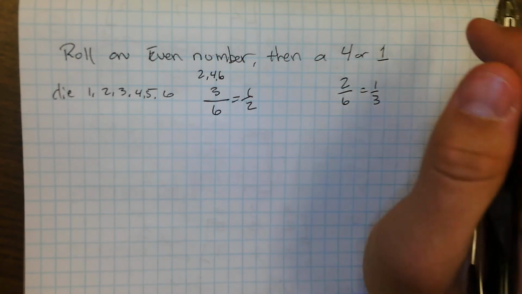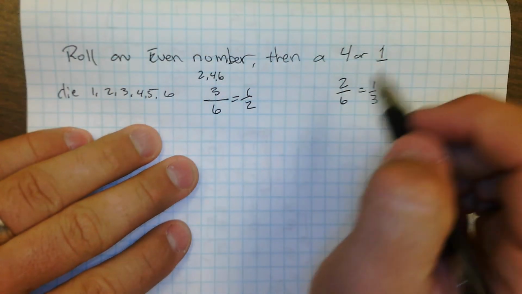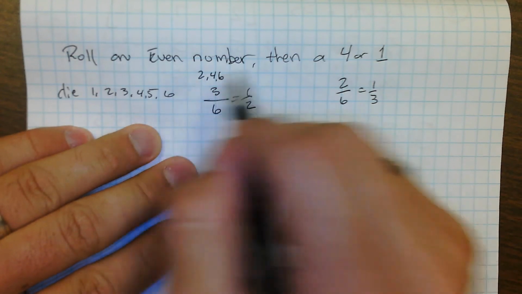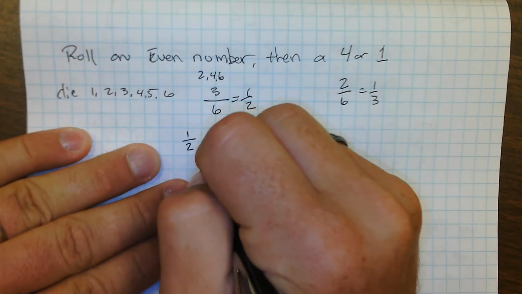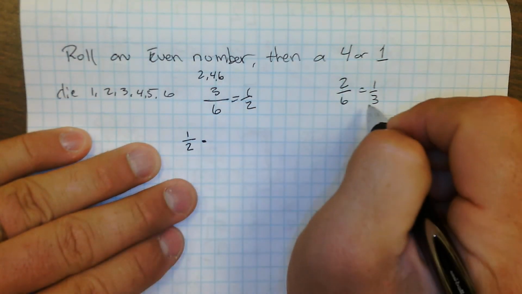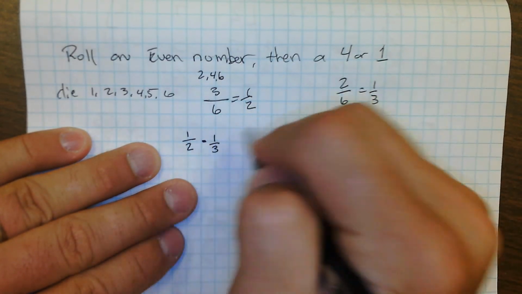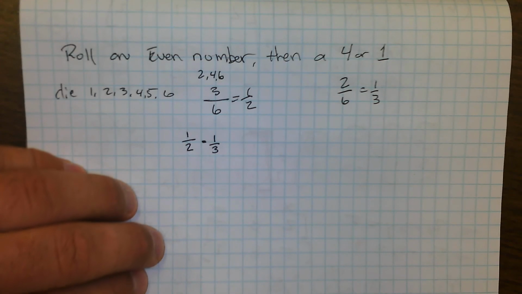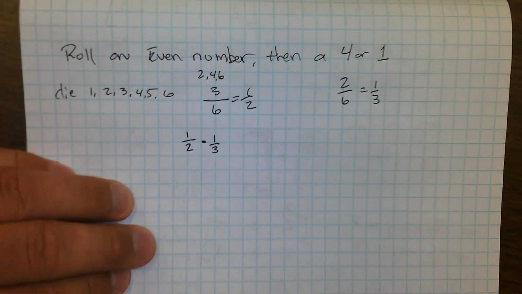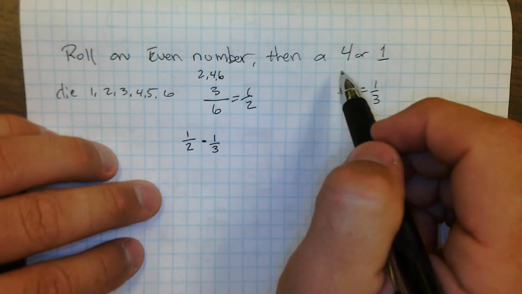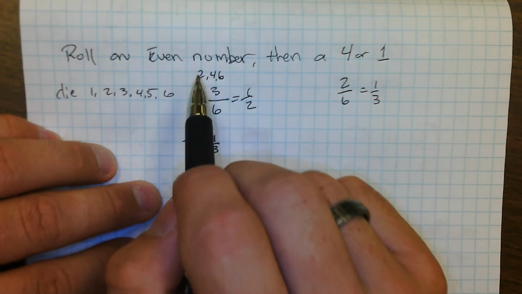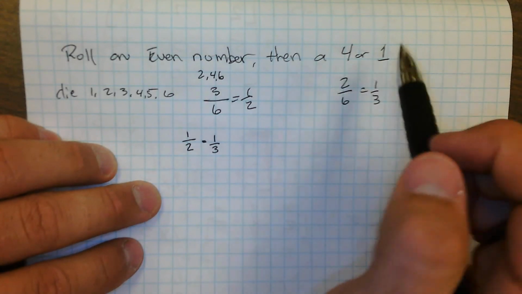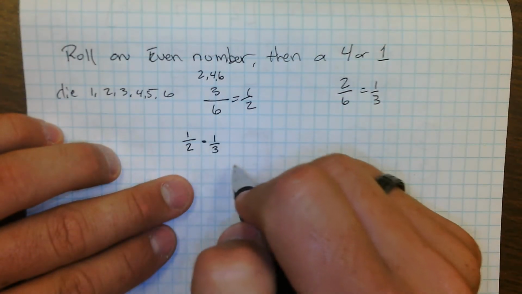So to find the probability of rolling an even number and then a 4 or 1, we're going to take the 1/2 and multiply it by the 1/3. Okay? This is an event that depends on another event. Okay? The even number has to be rolled before the 4 or 1 is rolled. That's why we multiply it like this.